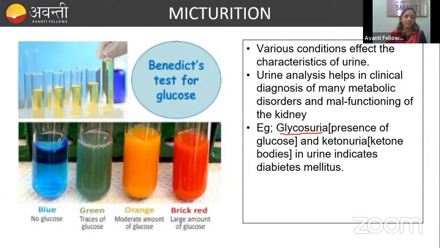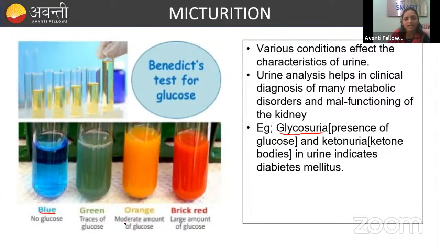To test for glucose in the urine, there is a test, that is the Benedict test for glucose. Here, if glucose is not at all present in the sample, it will lead to a blue color.